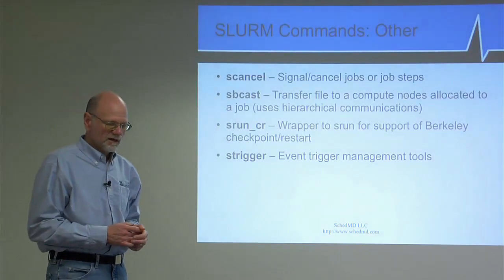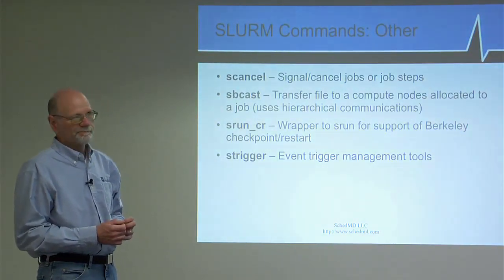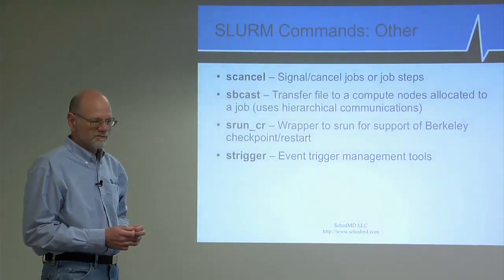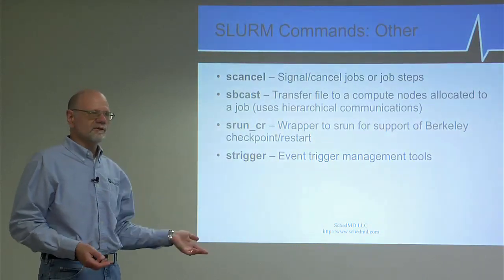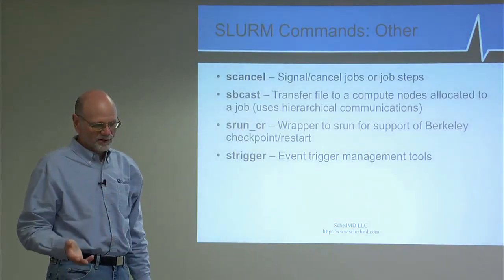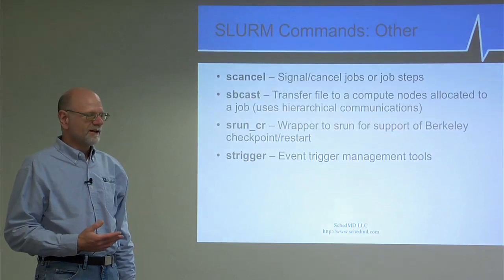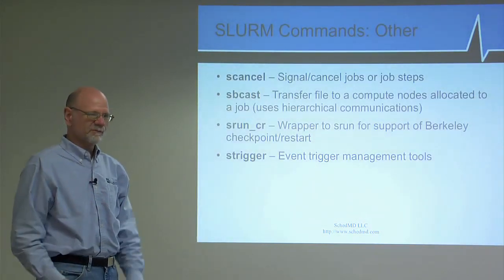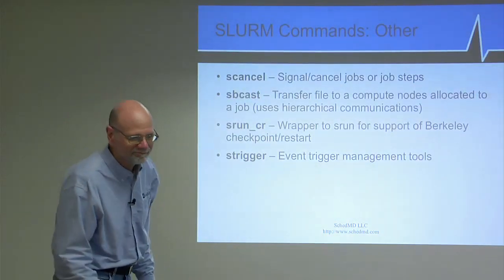And strigger, I didn't really talk about triggers, but Slurm supports maybe 30 different triggers. So a system admin can set up a trigger, so if a node goes down, it runs a script that sends an email, for example. Or a user can set up a trigger so that when his job is within 30 minutes of reaching its time limit, it runs a script that sends him email so he can go check on it.